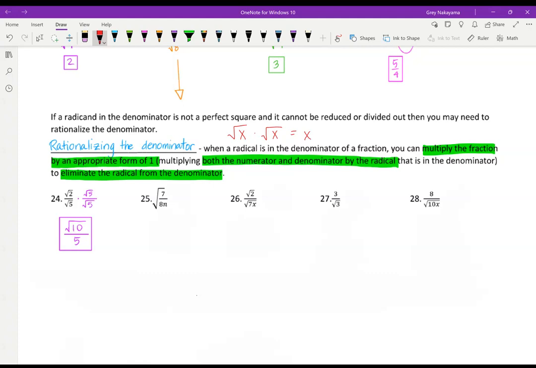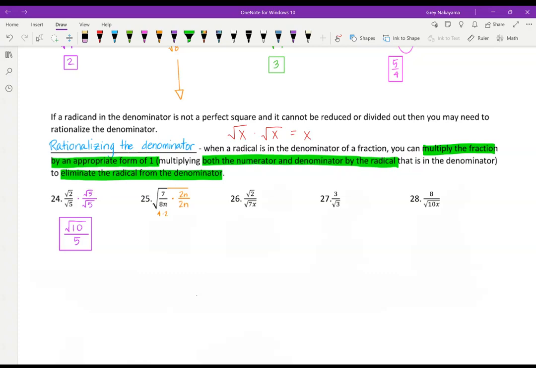When you think of 8, we've broken it up many times: 8 is 4 times 2. 4 is a perfect square, but 2 is not. I need to see another 2, and another n, to bring them out of the radical. So I'm going to extend my radical and multiply underneath by 2n over 2n.